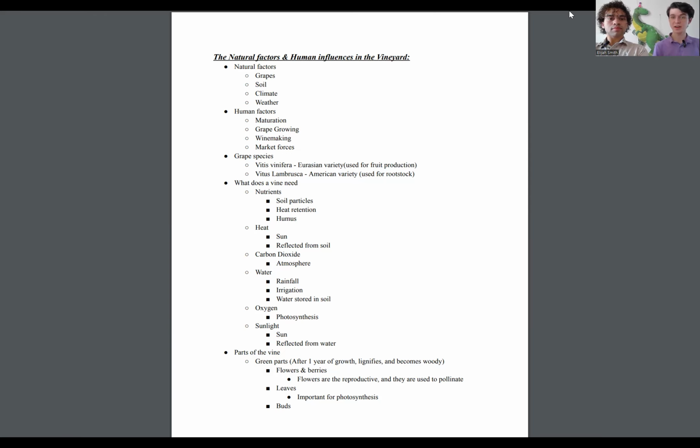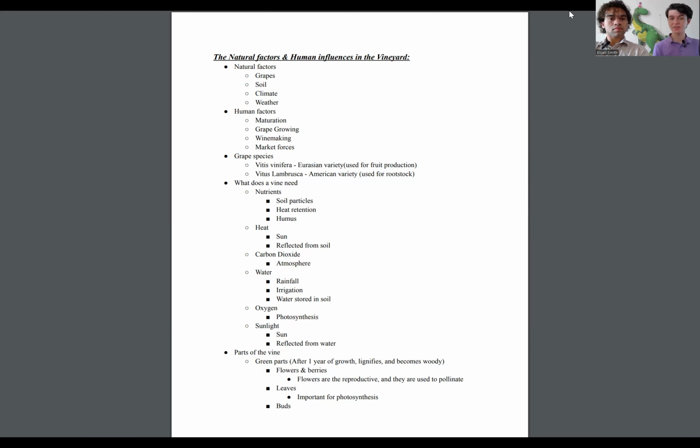You get that from the sun, and you get it reflected from the soil itself. Plants also breathe, and they need carbon dioxide, which is naturally found in the atmosphere, and they need oxygen for photosynthesis. They need to drink, so they need water, and that comes from rainfall or irrigation or water that's just generally found in the soil there.